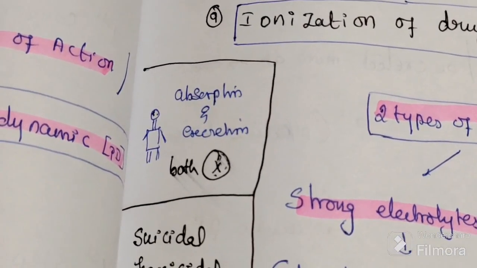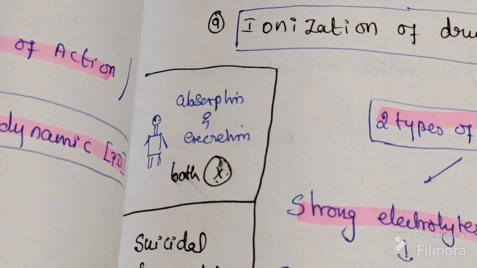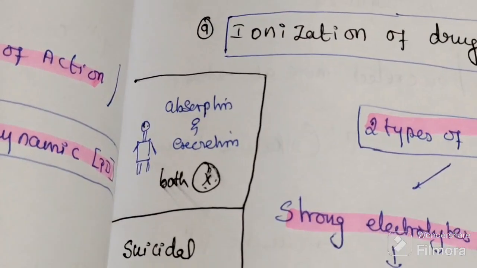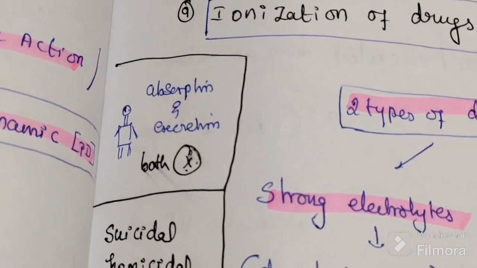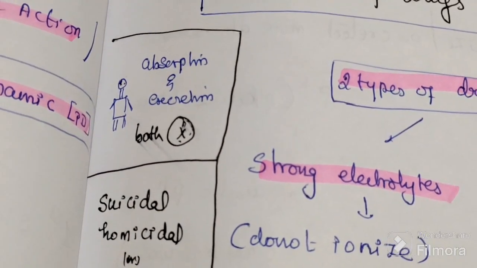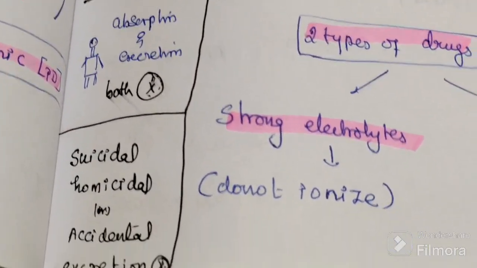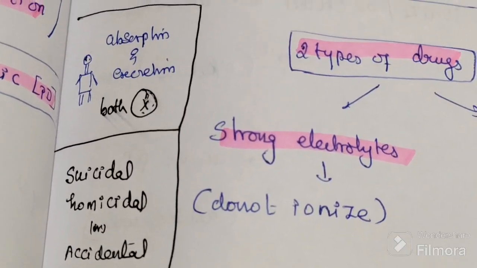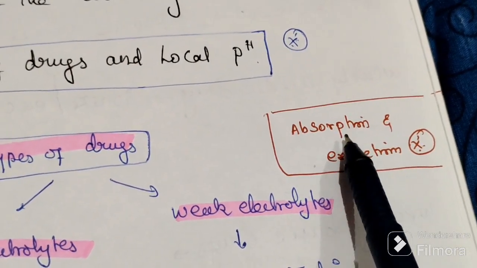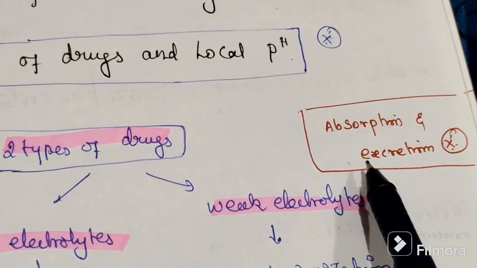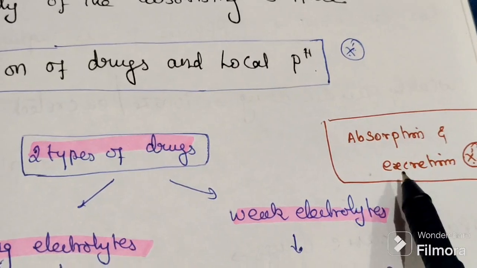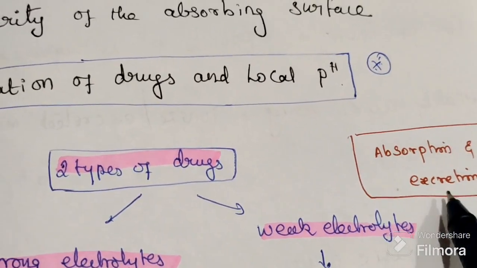We want to eliminate that poison. That time we want excretion. We want to save our patient from the poisoning. In that case we want excretion. So both are important. To treat, absorption is best. If they have taken poison, we want to eliminate and excrete the toxin, so excretion is important.